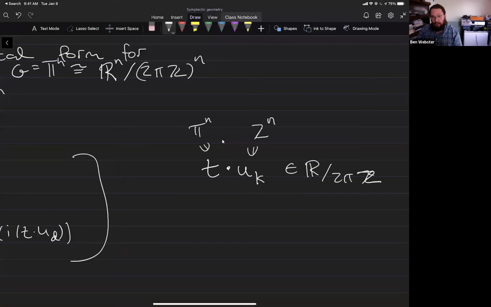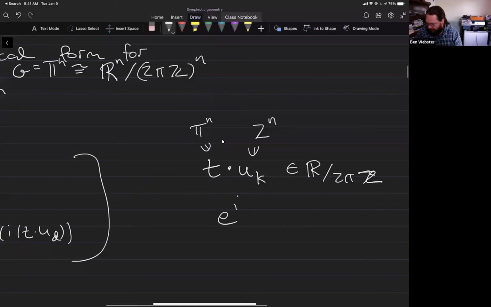So it makes sense to look at e^i raised to that power. So e^{i t·u_k} is a perfectly good unit complex number.